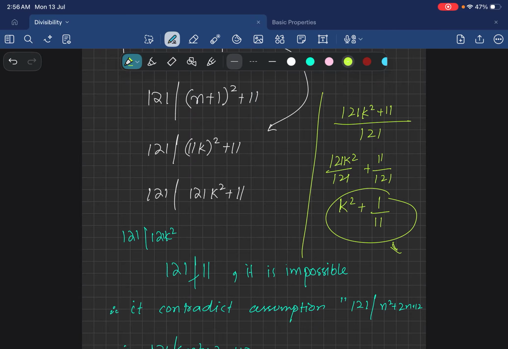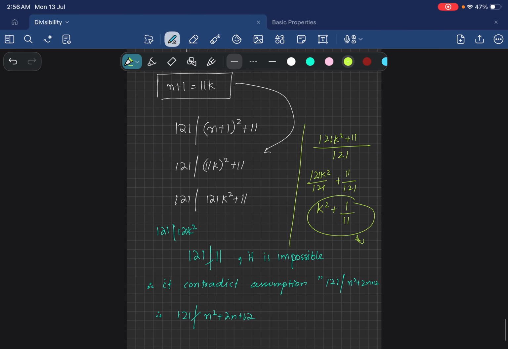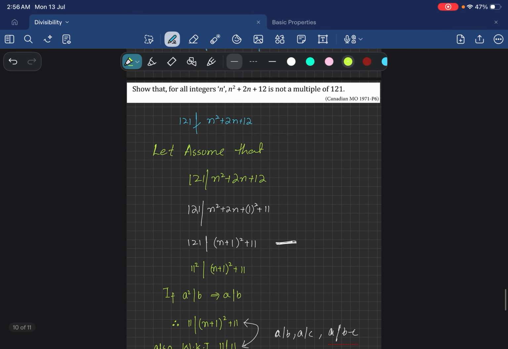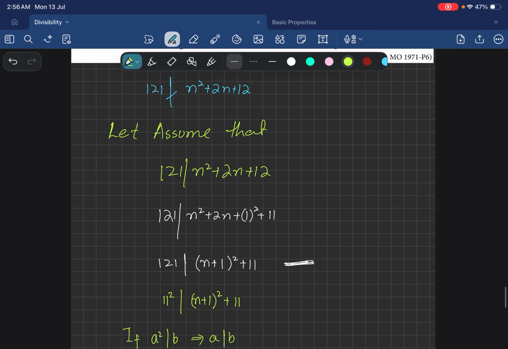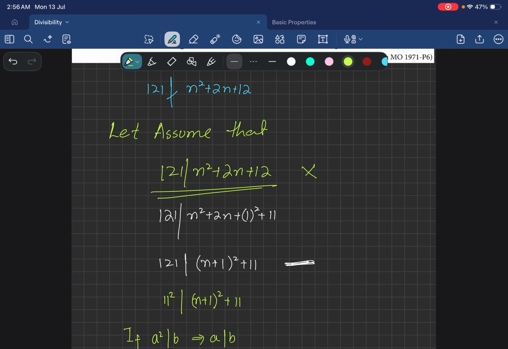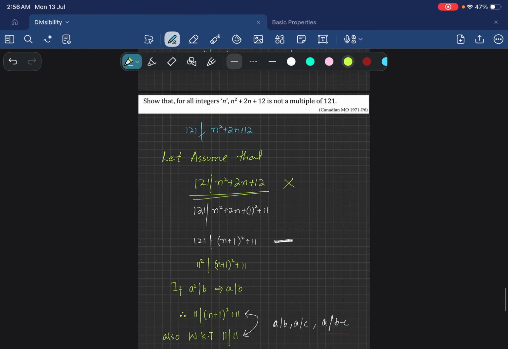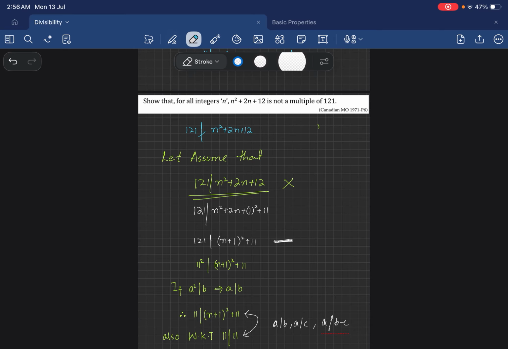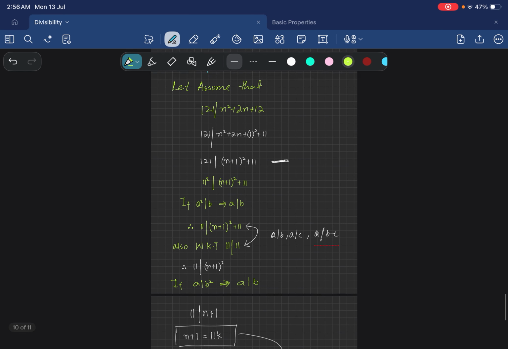Whenever you get a fraction, it means that it is not completely dividing, which again contradicts the assumption that we made earlier. Our assumption was that 121 divides this, so this assumption is wrong, which means 121 does not divide n square plus 2n plus 12. Hope this helps.